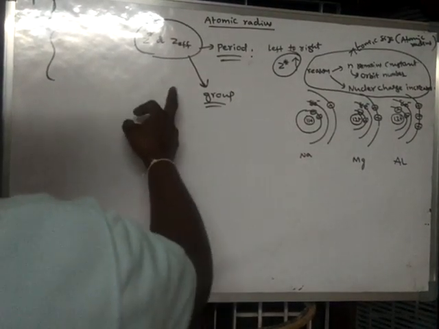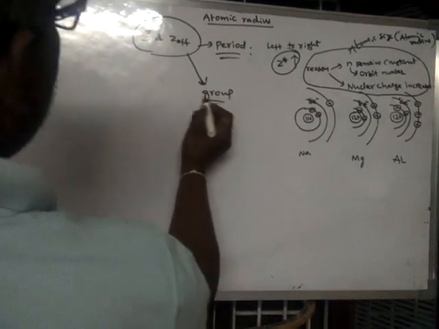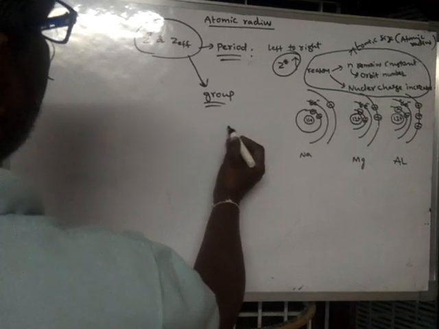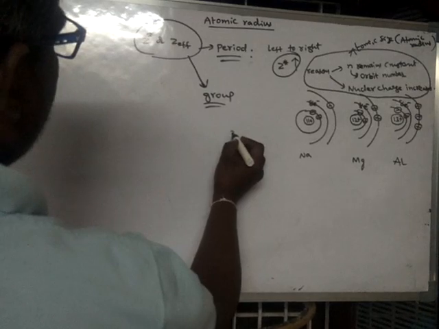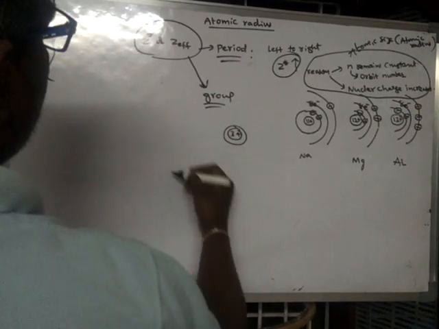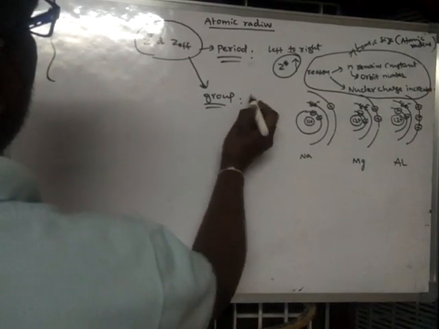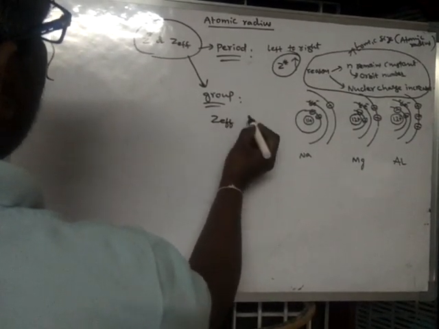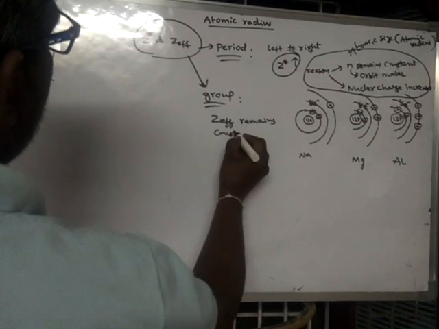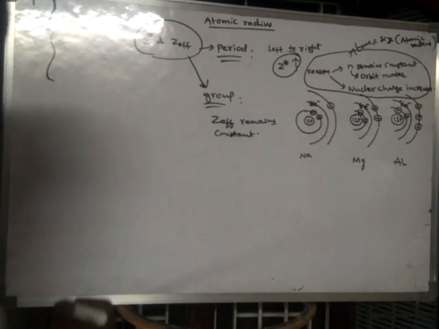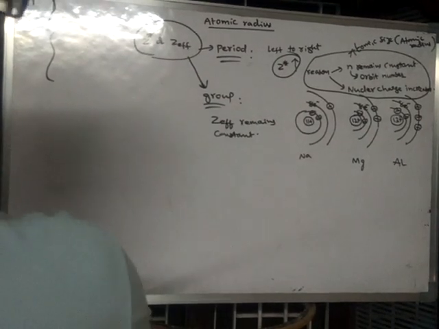Now, what happens to the effective nuclear charge down the group? See, down the group means lithium, sodium. Suppose this is a lithium atom with 3 positive charges in it. Simply remember that down the group, Z effective remains constant, almost the same.